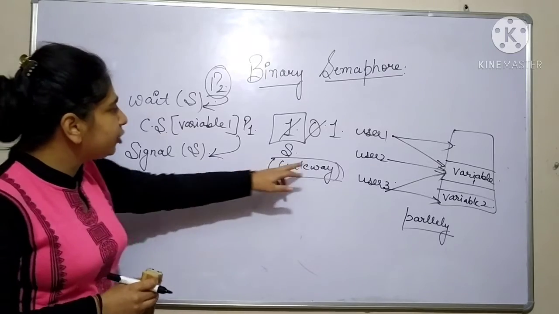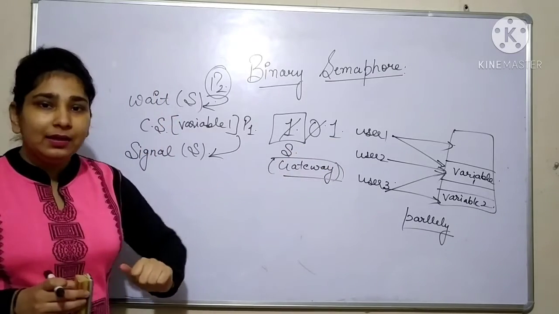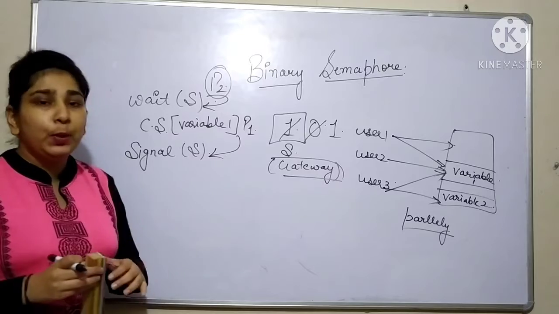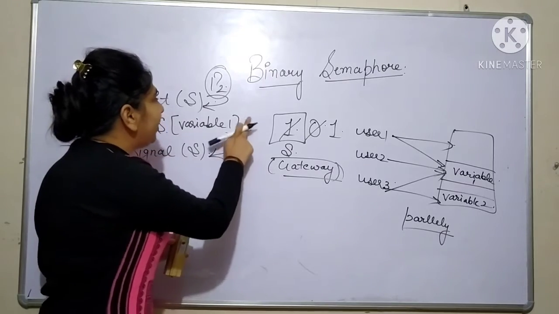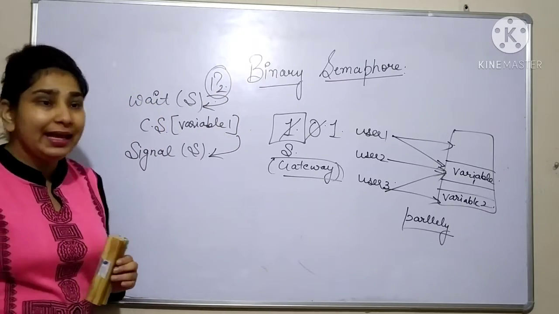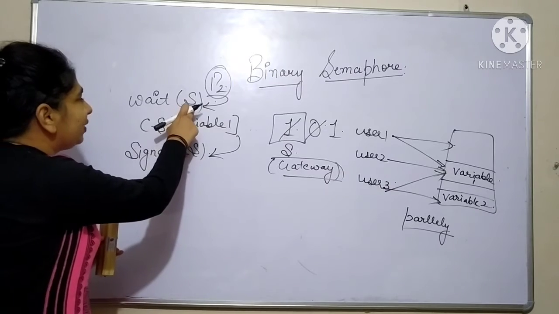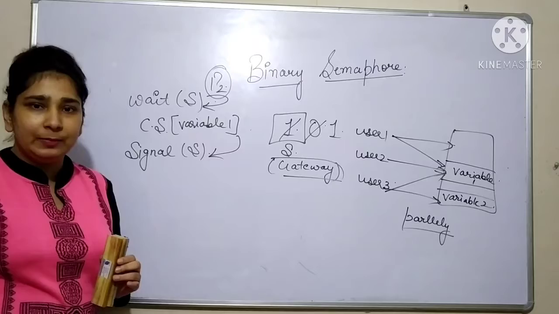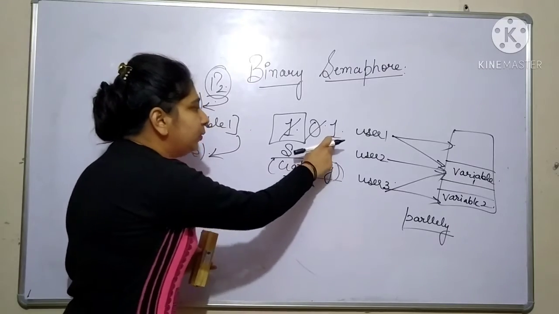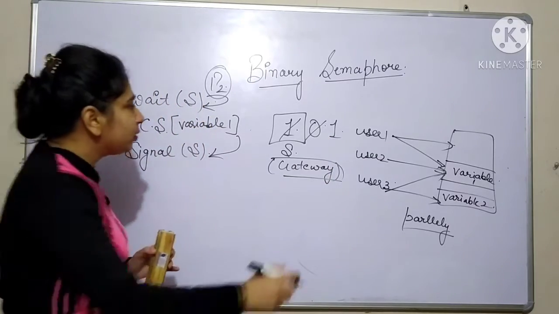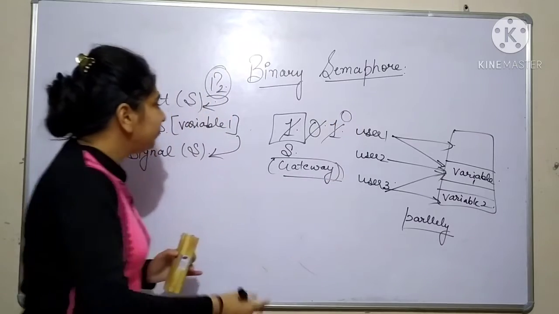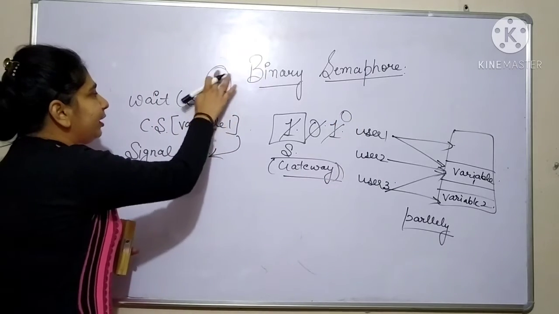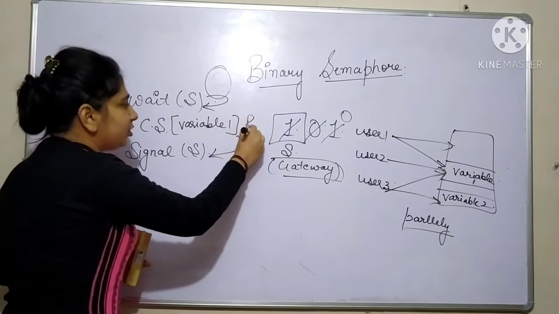So it makes the value 1, and now when we switch to process P2 again, it checks the value of this semaphore variable, and now the value is 1. So it is going to make it 0 and enter into the critical section.